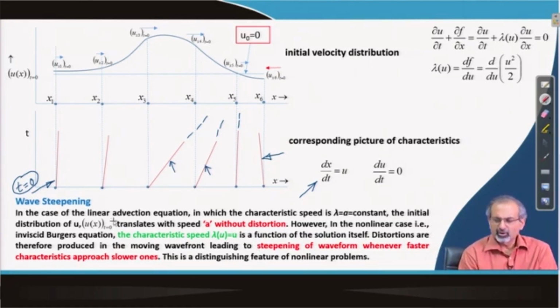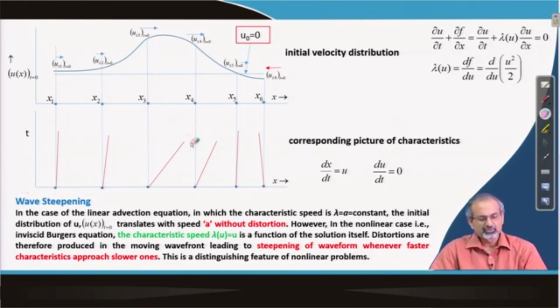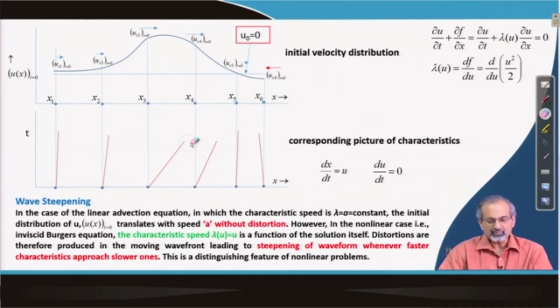Before answering all those issues, let us look at the concept of wave steepening, which we have written at the bottom of the slide. In the case of the linear advection equation, in which the characteristic speed is constant, a, the initial distribution would translate with speed a without distortion. It will just get translated. However, in the nonlinear case of the inviscid Burgers equation, the characteristic speed is u, and it is a function of the solution itself.